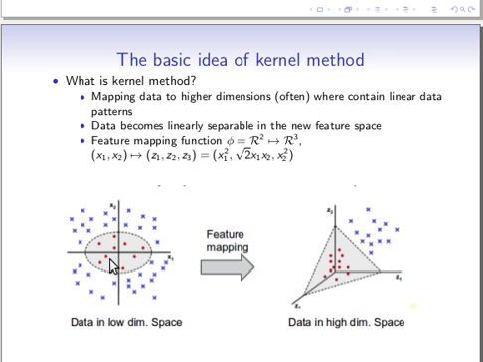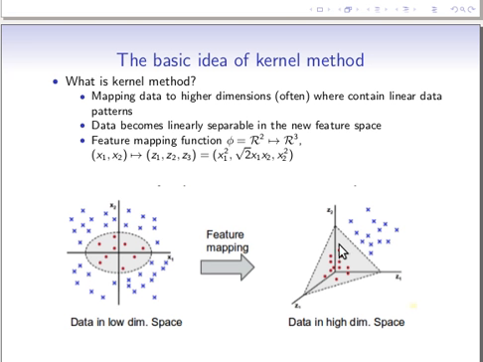So the idea of kernel methods is to map the data from one dimensional space to another dimensional space, and that is often higher than the original one.